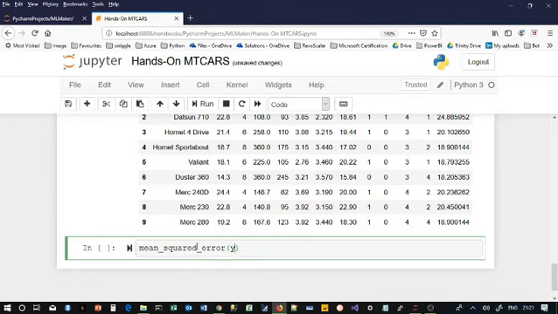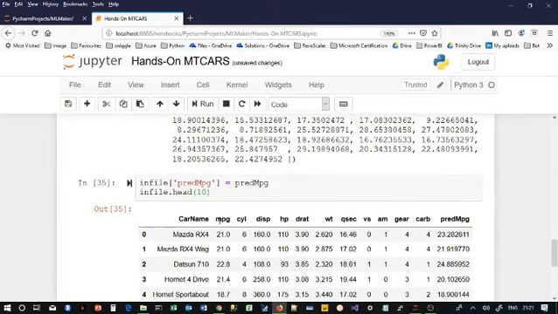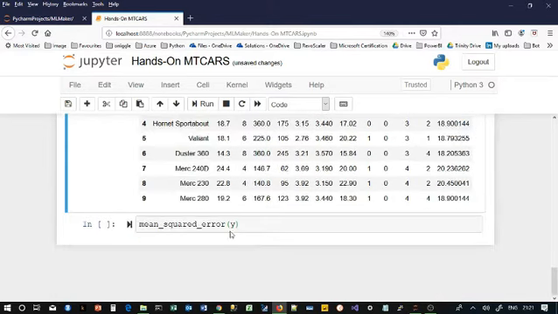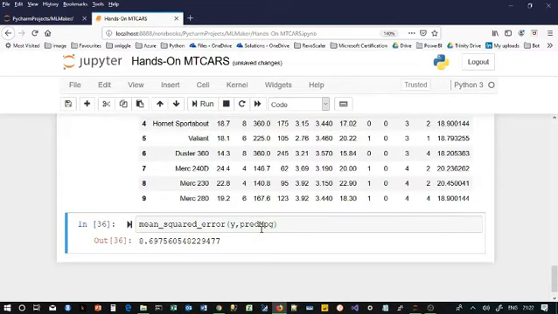The mean squared error requires the original target variable, which is your original miles per gallon, currently sitting in your y variable, and your predicted miles per gallon. So when you run this, you get a value. Now this is a value that can be 8, it can be 20, it can be 400, it could be 50,983 for all you care.